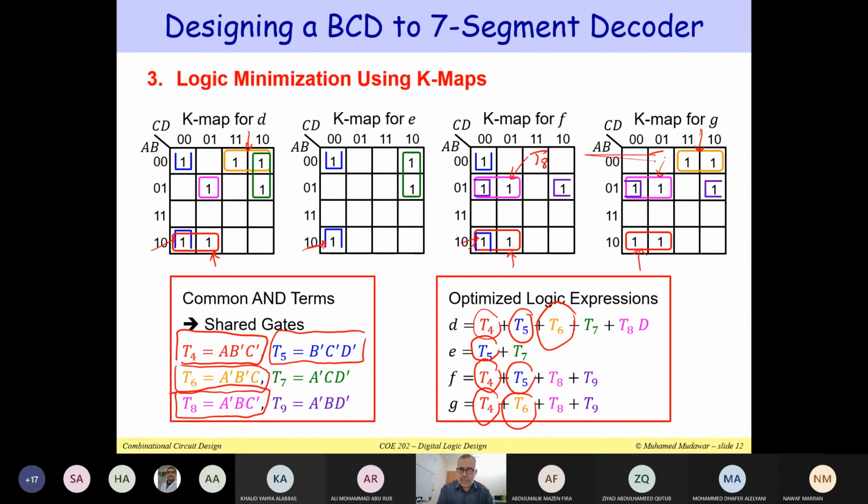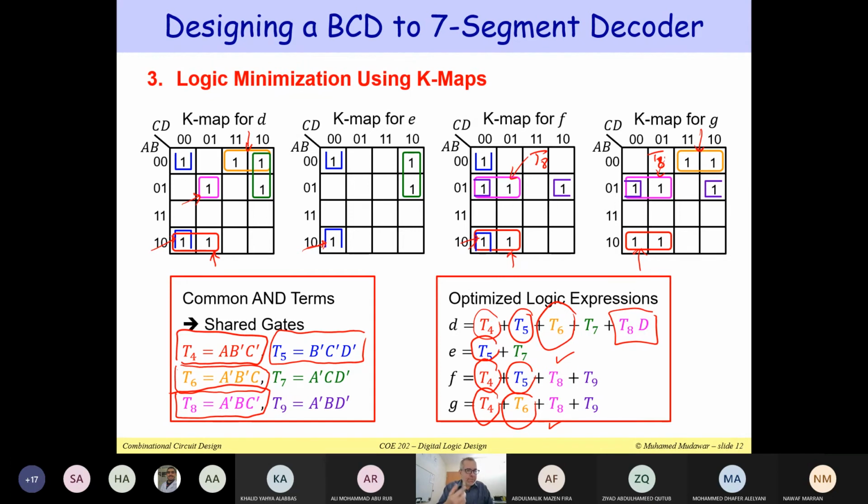This is also T8. And notice that this one is just a minterm, but it is part of T8. Therefore it can be written as T8 and D. Notice that T8 is shared by F and by G, but I can write the minterm as T8 and D.